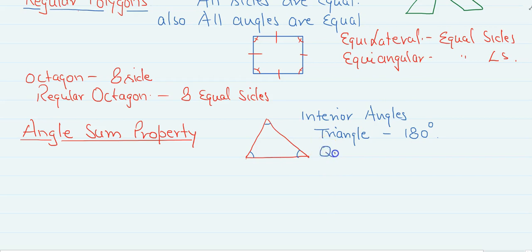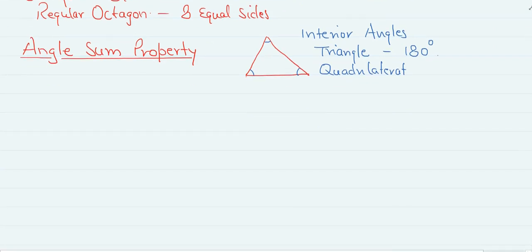Second is the quadrilateral. It's very easy to know the sum of all angles of a polygon. For example, let's see, this is a quadrilateral.